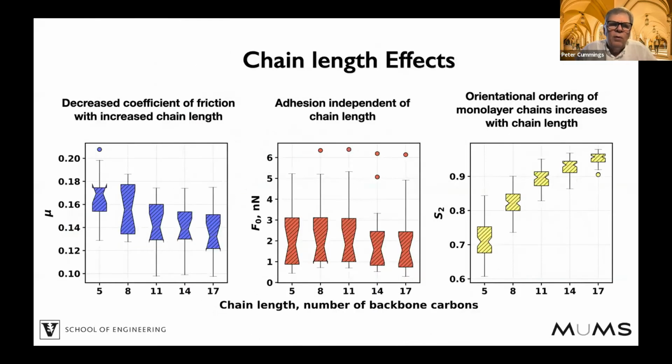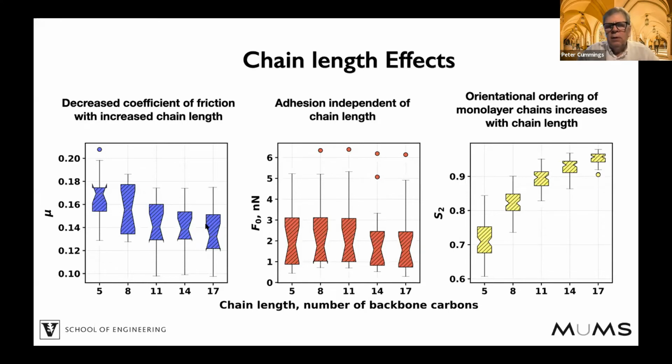The gross results from those simulations are summarized here. The coefficient of friction as a function of chain length goes down as the chain length is increased, and in fact, the systems that are studied experimentally are all around 17 or 18 carbons in length.